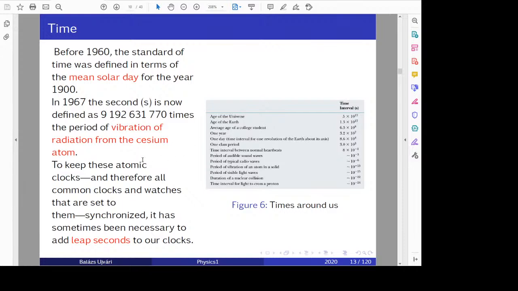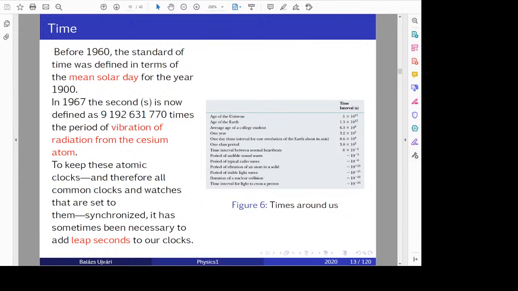So the time measured with it, if you measure with that precision the length of the day, sometimes we can have plus minus a few seconds.